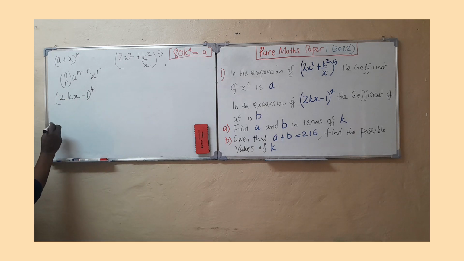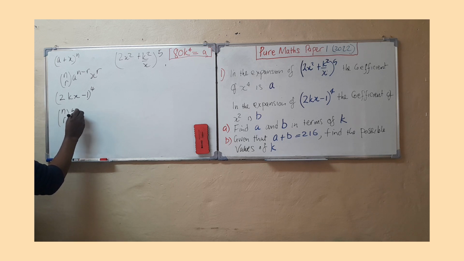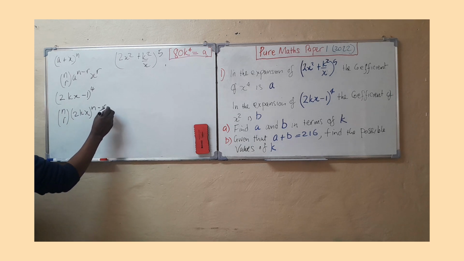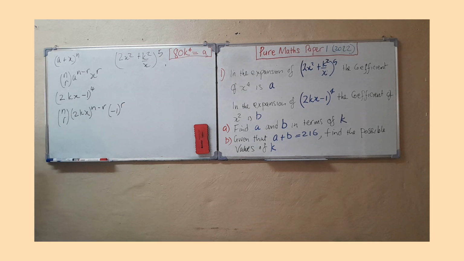So in our general expression there, we will have nCr multiplied by (2kx) to the power n minus r multiplied by (−1) to the power r. Okay? Now, they are saying the coefficient of x squared will be equal to b.